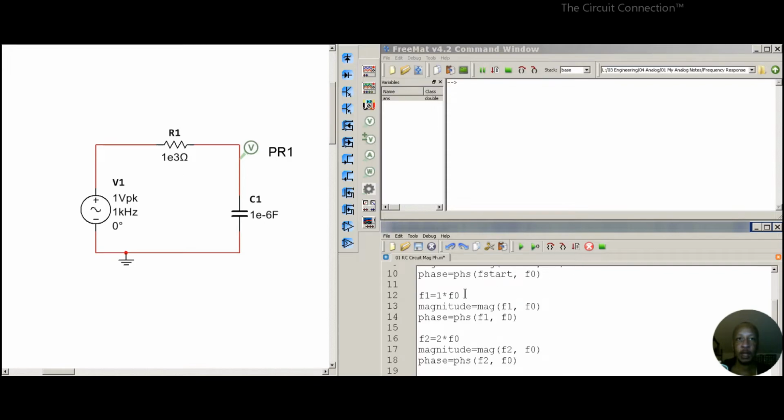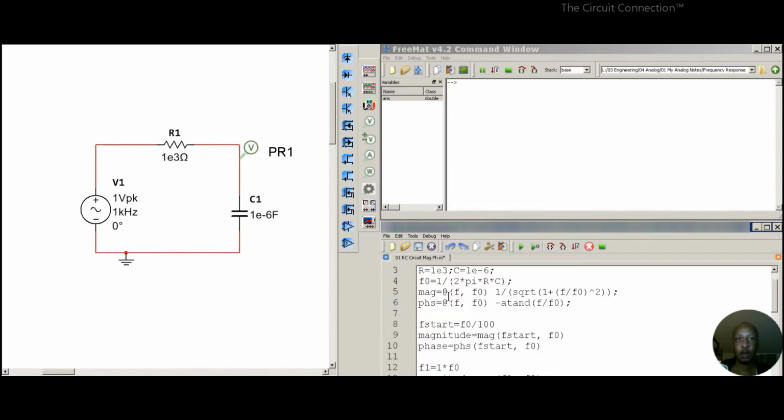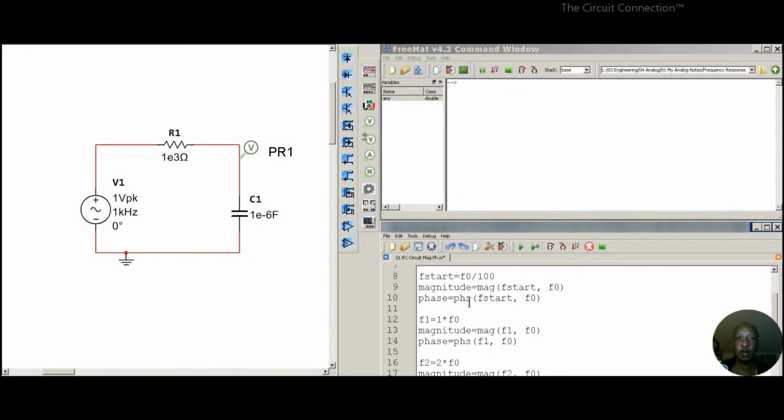Next, f1, I can name that f1 now. f1 is a multiple of f0, obtained by multiplying it by 1. I calculate that using my magnitude and phase functions that I wrote in the script, and I just keep using those over and over again in every calculation.